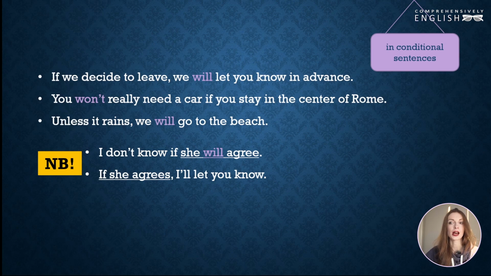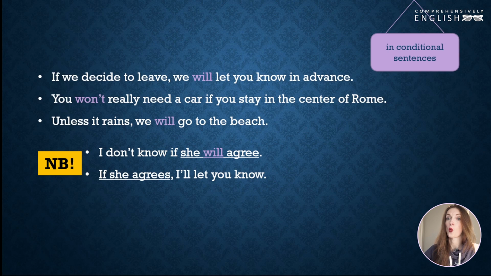If she agrees, I'll let you know. The first sentence contains a subordinate clause, which is not a conditional clause. I don't know what. I don't know if she will agree. If she wants to agree. If she desires to agree.